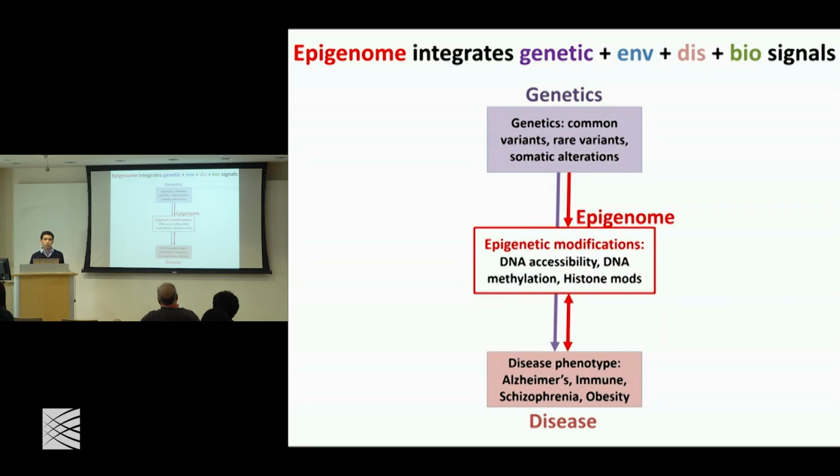The one that I'm going to be focusing on today is the epigenome. So what is the epigenome? The epigenome is the collection of DNA accessibility patterns, DNA methylation patterns, and histone modification patterns that modulate the genetic information and tell the cell what to turn on in whatever cell type it is.